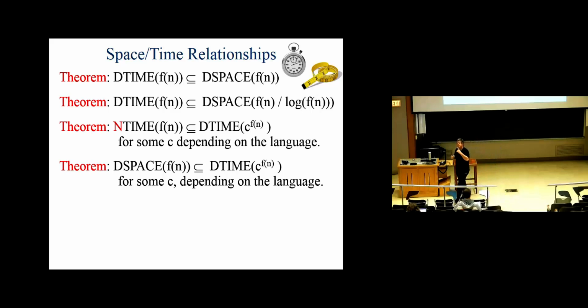Any other questions or thoughts? Yeah. So are you saying that the worst case of you coming back and seeing a repeated state is exponential? Yes. Because if it was any more than that, some state must be repeated by the pigeonhole principle.